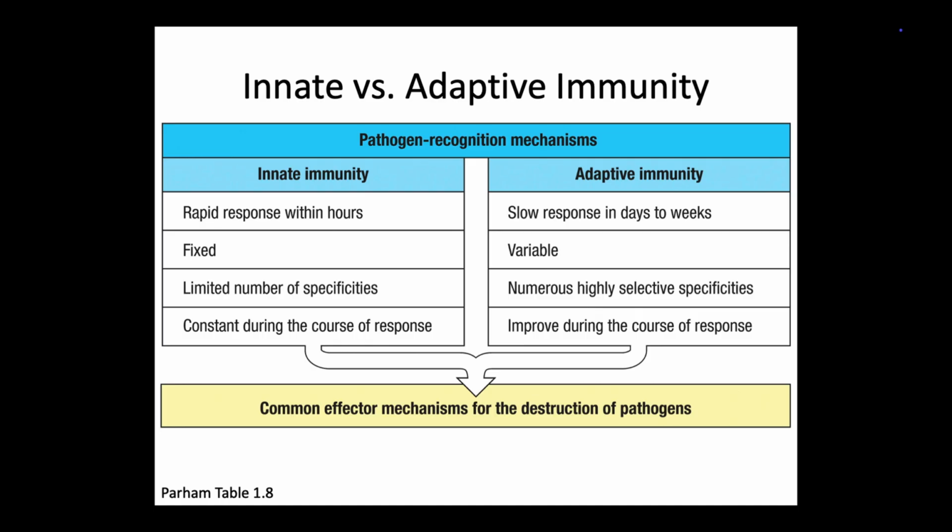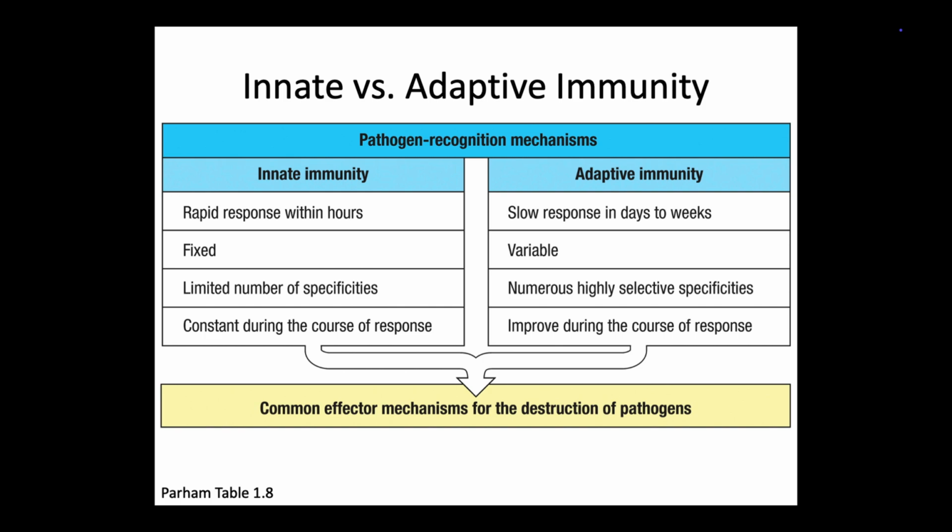The other thing that is really different is that the innate immune response doesn't change over time. The adaptive immune response does change over time. It, in fact, adapts. That's how it got the name, adaptive.